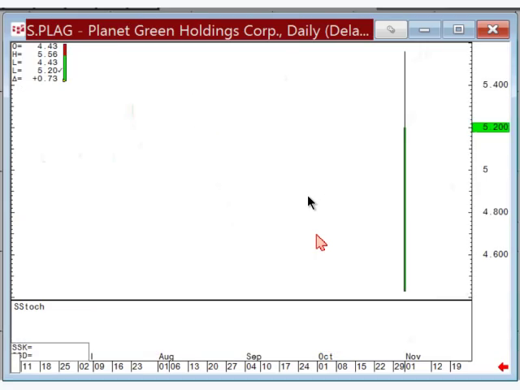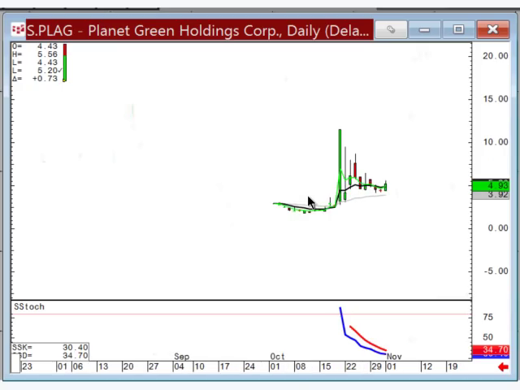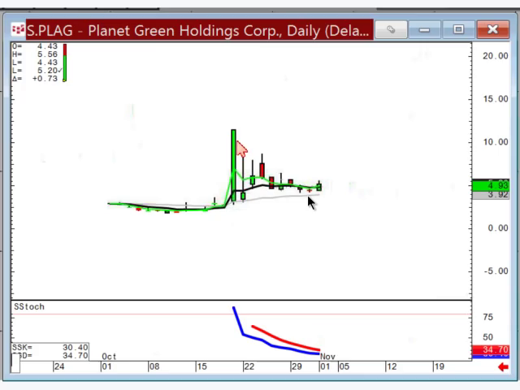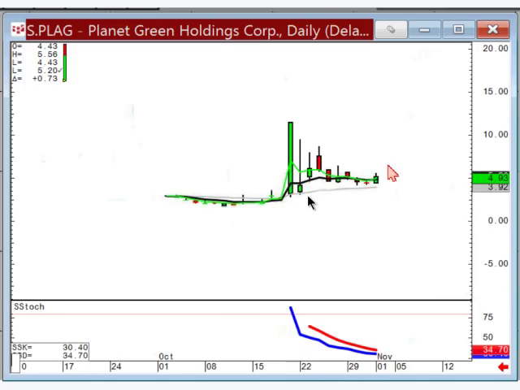PLAG. Whoops. This is fairly new. You can see there's kind of a wedge right here. And where is it supporting? Right here on the 50. And if this one starts moving from the 490 level back up to the $12 area, that's kind of good percentage return.